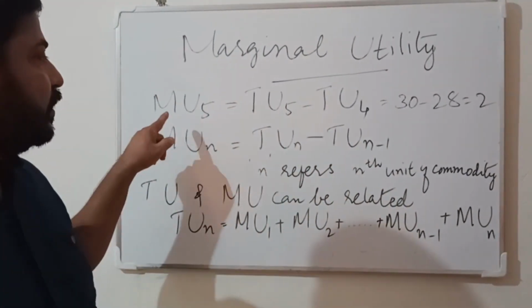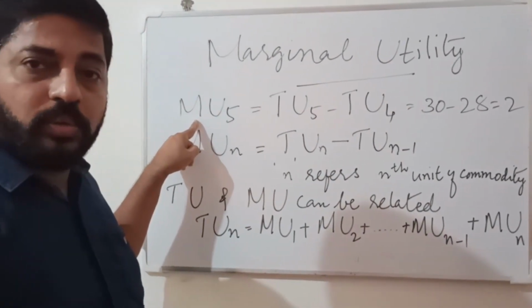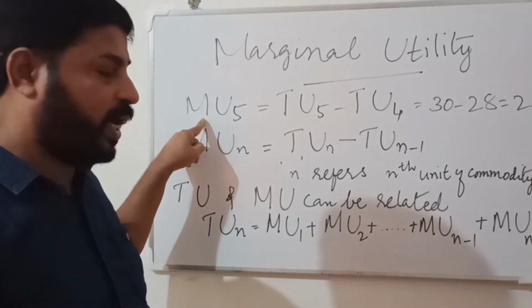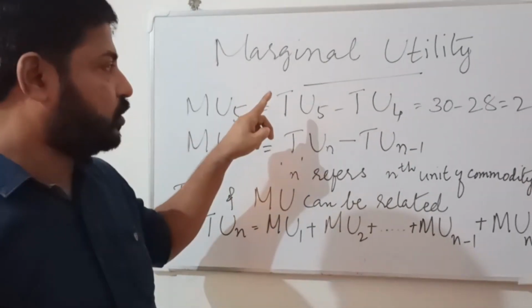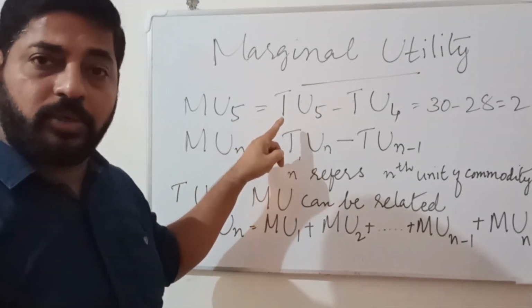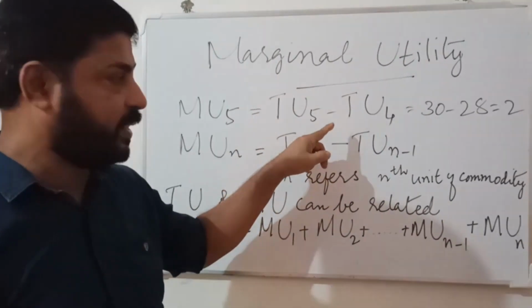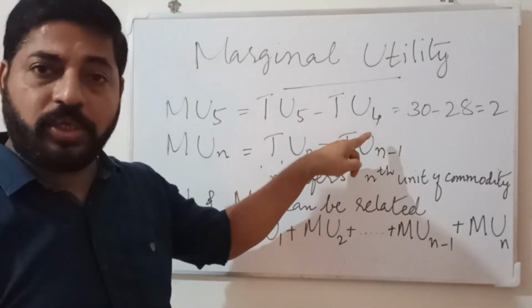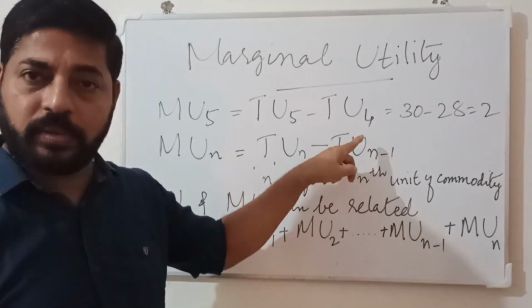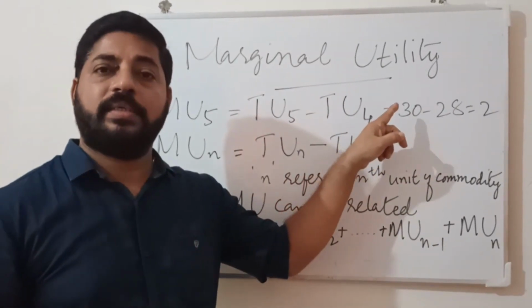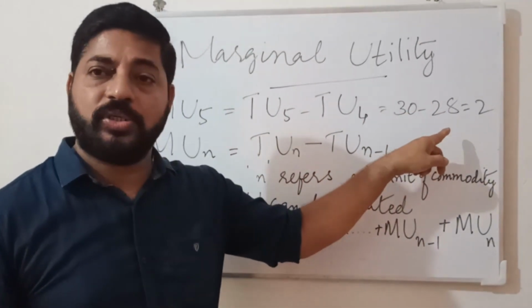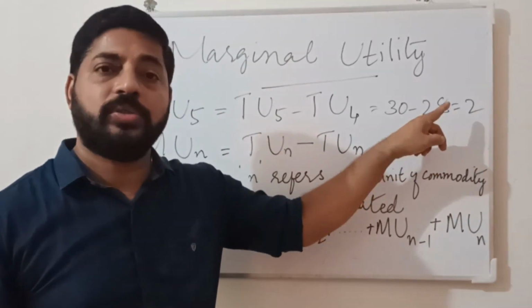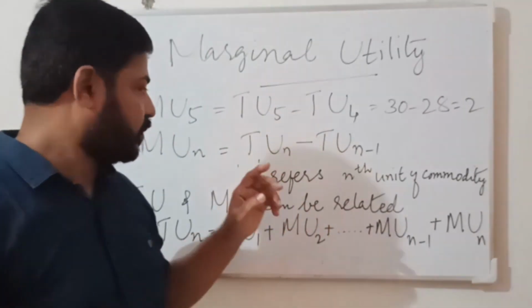Here MU5, marginal utility 5, is equal to TU5, total utility 5, minus TU4, total utility 4. That is 30 minus 28 is equal to 2 units.